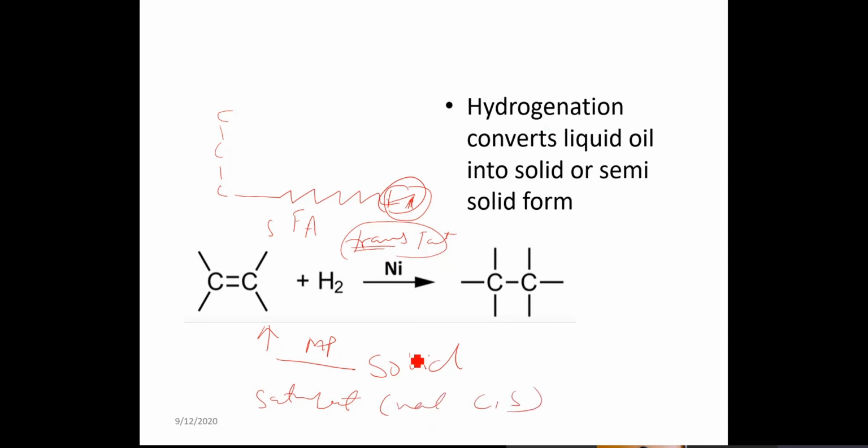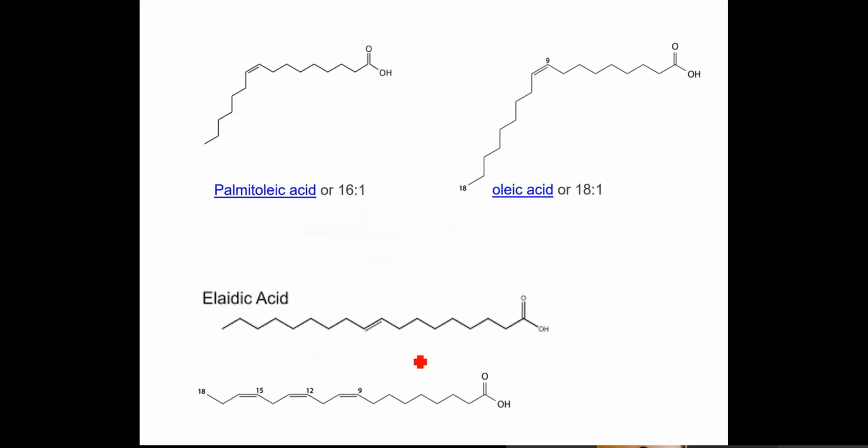They have a much greater impact on causing cardiovascular diseases. If you look at this 16:1 palmitoleic acid, with one double bond, if you add one hydrogen molecule, this bond will get converted, and you will get a straight molecule of fat.